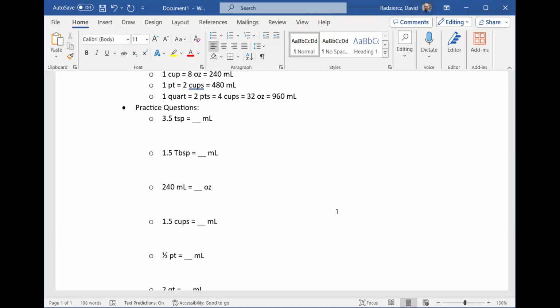So if you have another method of setting up these types of problems and you're getting the right answer every single time, then keep doing what you're doing. I'm not here to change what you're doing, but I am going to show you, especially starting with these conversions, how to use dimensional analysis in a way that should help you make sure that as you continue with your courses, you don't make mistakes.